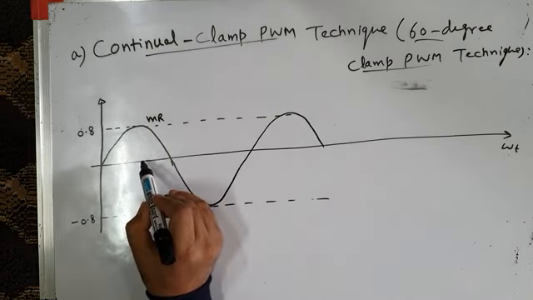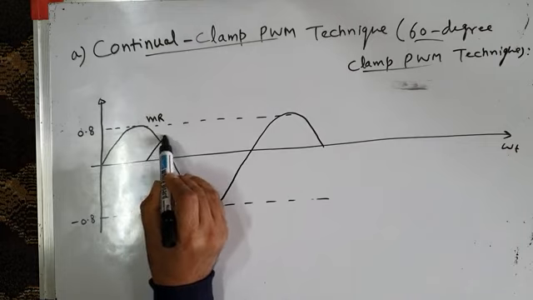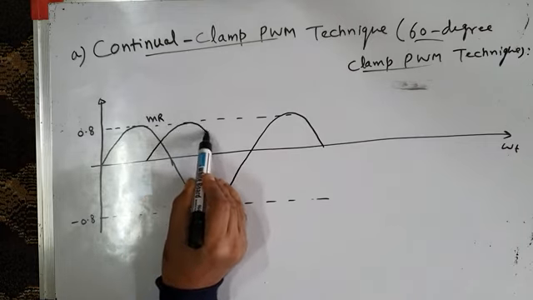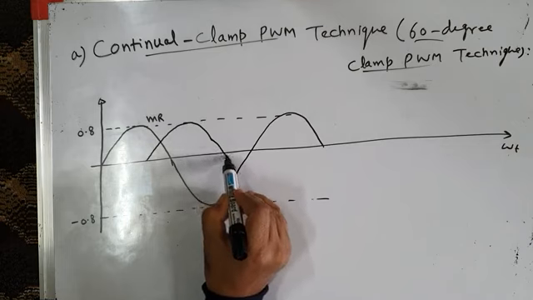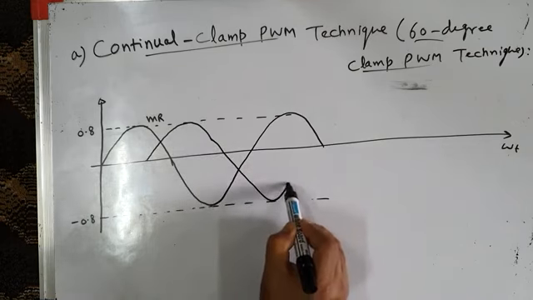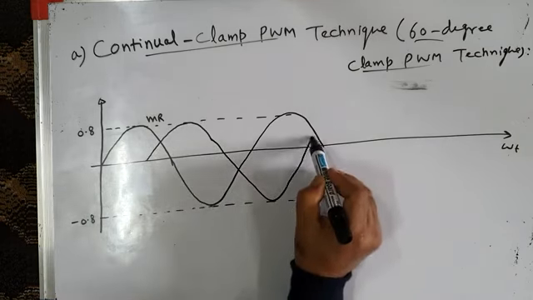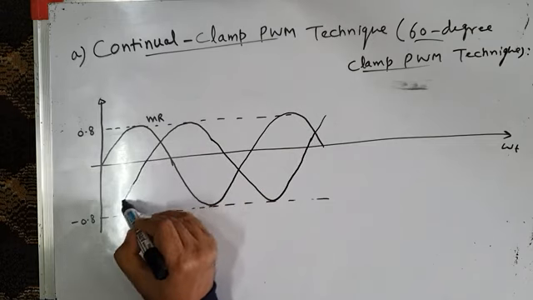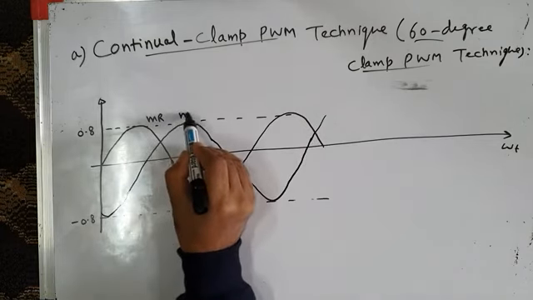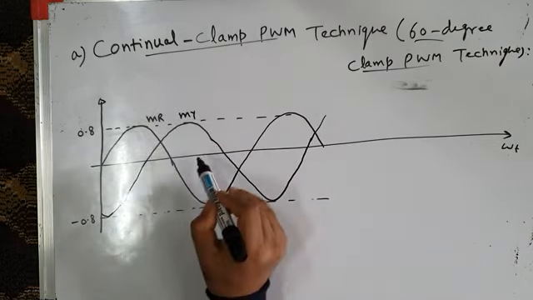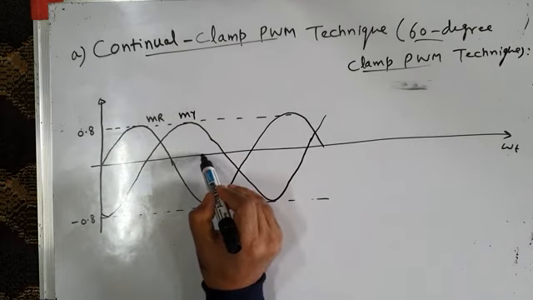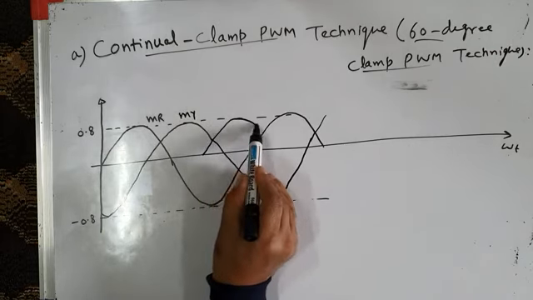Then MY will start after 120 degrees, somewhere here, like this. This is modulating wave MY, and MB will start after another 120 degrees like this.